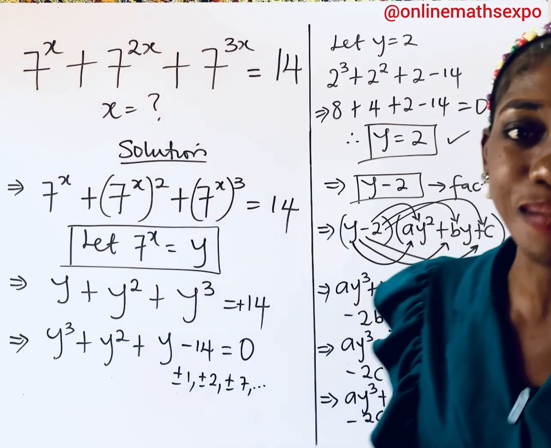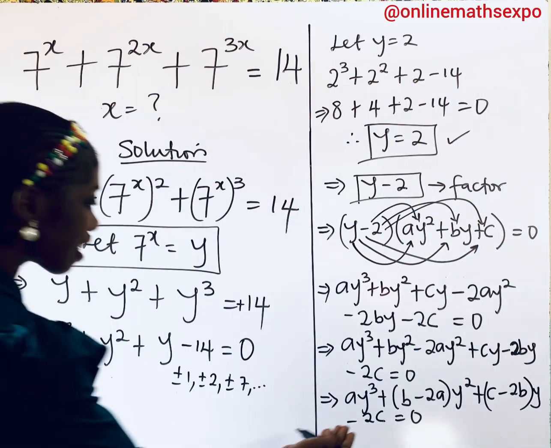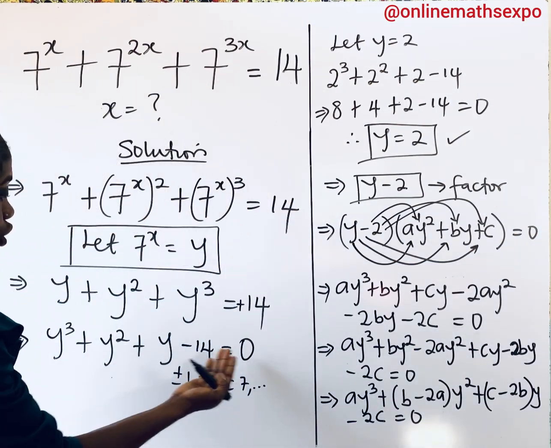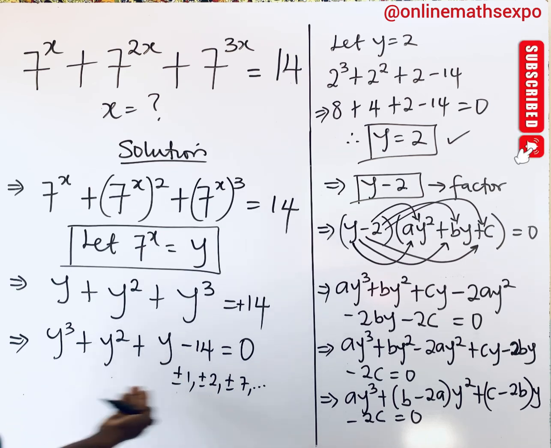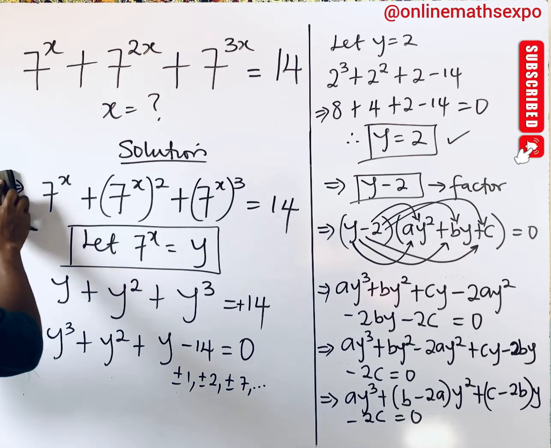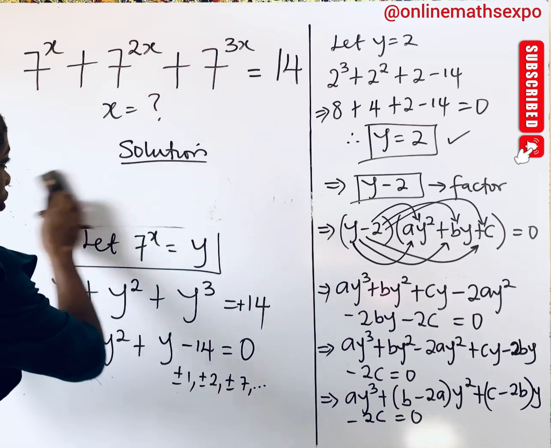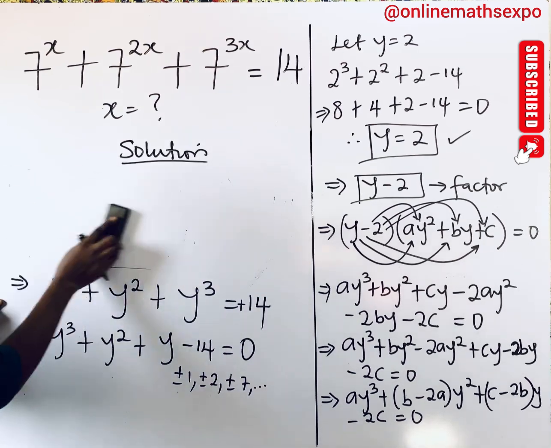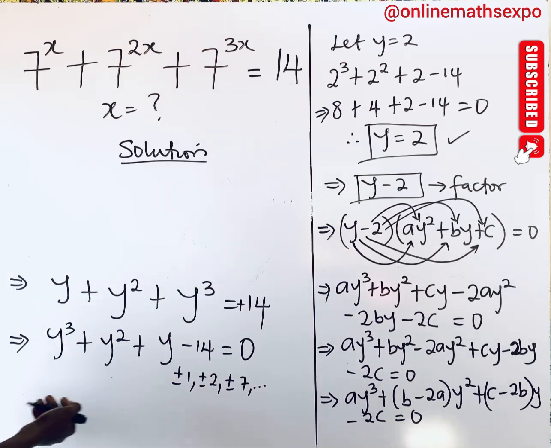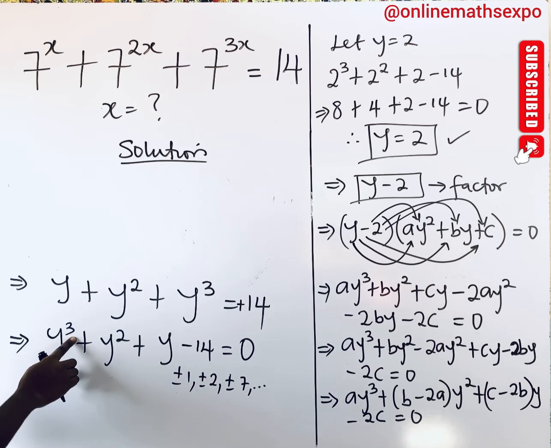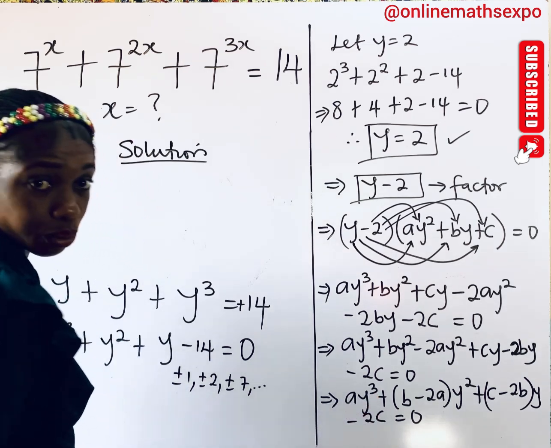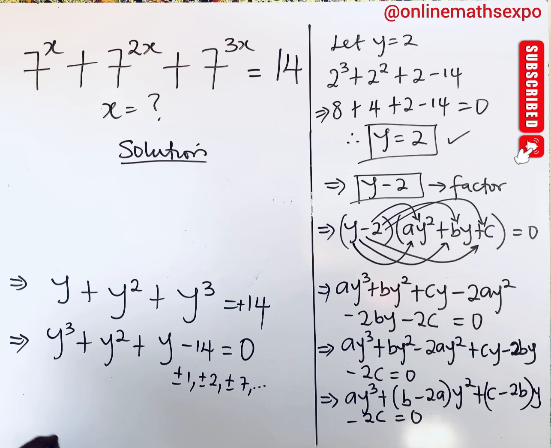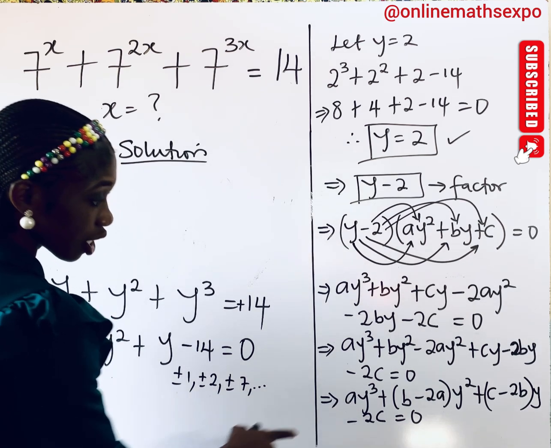Now, what does this mean? It means that this equation is equal to what we have here. So we are going to compare it now. In comparing, remember, this is y³ and this is ay³. So what does it mean? It means that the coefficient of this here should be equal to the coefficient of this.